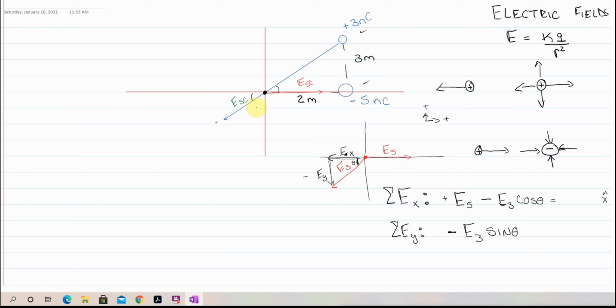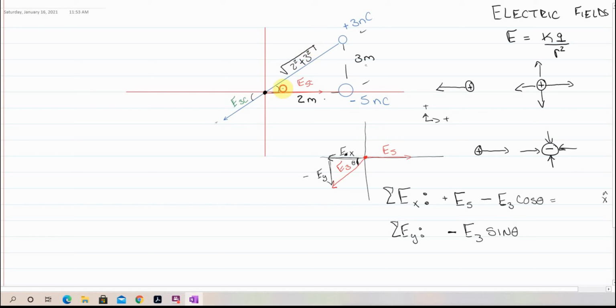If the proportionality holds, then I can use these sides here to figure out what the angle is. And I'm going to need those sides to figure out what my r is anyhow. So I can start here, and let's define what our r is. Our r is going to be 2 squared plus 3 squared. That's going to give me my distance away.